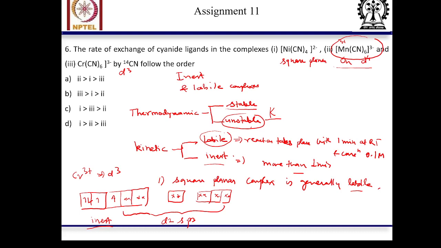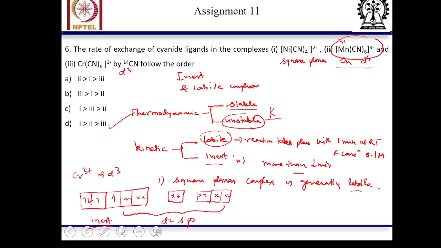From rhodium 1, iridium 1, nickel 2 plus, palladium 2 plus, platinum 2 plus, gold 3 plus are labile complexes. The correct answer is B. So these two concepts are there. First, square planar complexes are generally more labile compared to octahedral complexes. Second is the stable configuration: D3 is the stable configuration compared to D4.